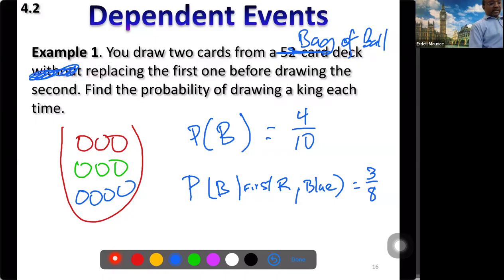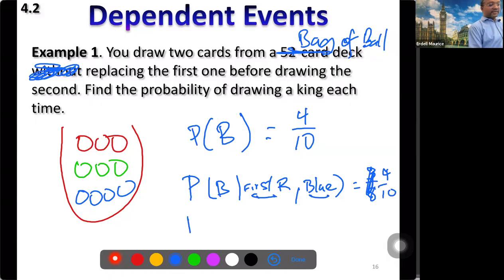What's the probability of getting first a red ball, then a blue ball on my third try? What's the probability of selecting a blue ball? You're still replacing? Yes, I'm replacing. Remember, I removed this right here. Whenever I select a ball, I put it back in the bag. It's going to be 4 out of 10.